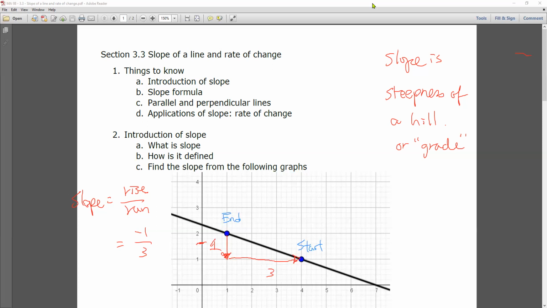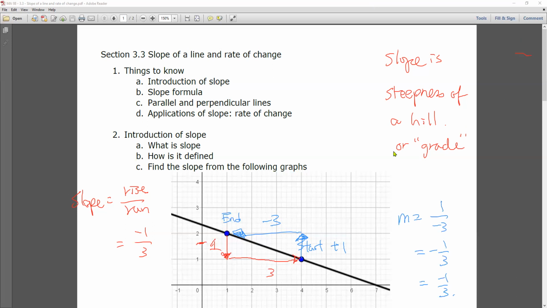We go up 1 and 3 to the left. If you go up, it's positive. You go to the left, it's negative. So the slope you're going to get is 1/-3, which is the same as -1/3. Okay? So as long as you have 2 points on the line, you can use rise over run to figure out the slope.